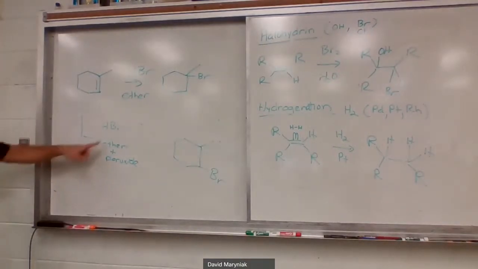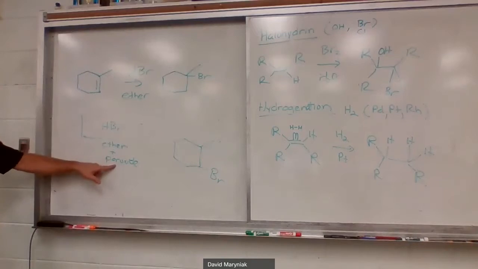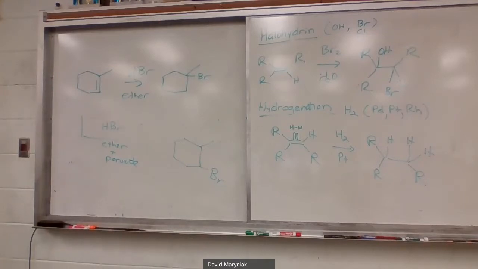Markovnikov. If you see this in ether but plus peroxides, what product do you write? Anti. So in organic chemistry, do we have a way to make either one? Yes. That is chapter 8.